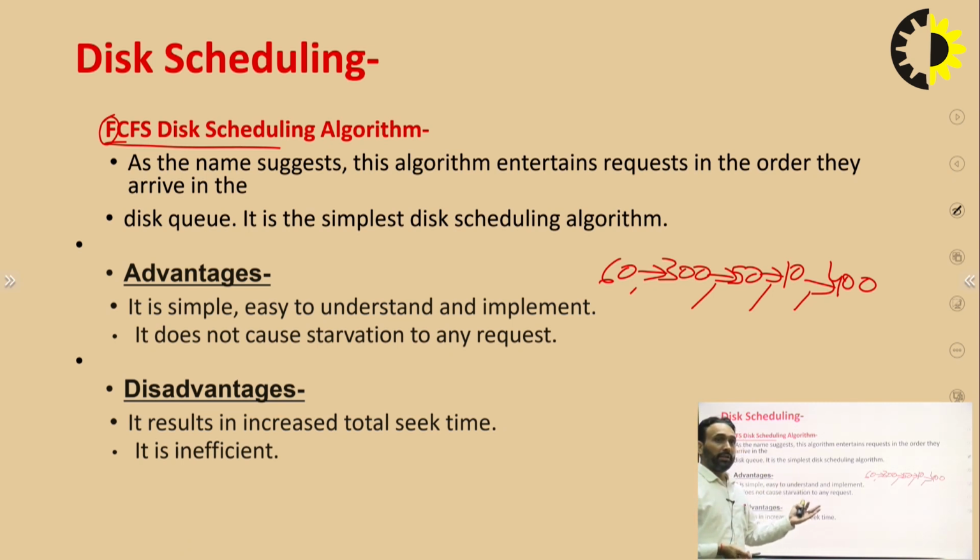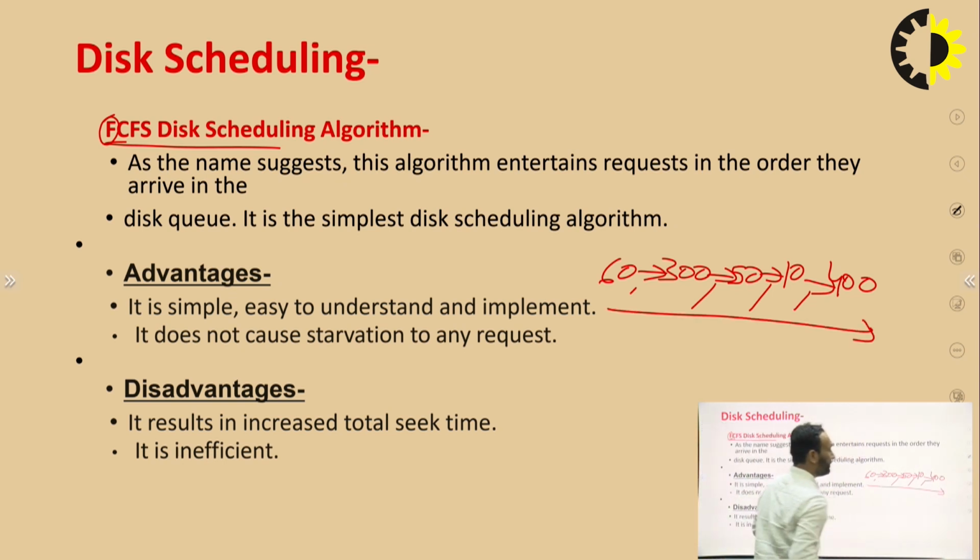Arrival of a request is considered, that is, the request sent by the operating system to read any specific location is served in request order. There is no change in the access time of a head location.